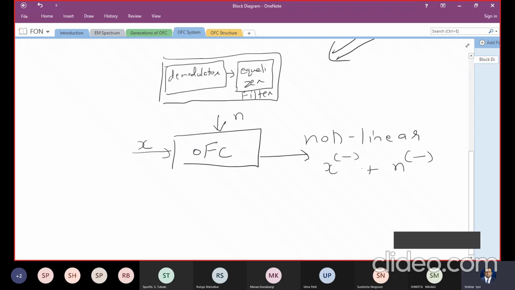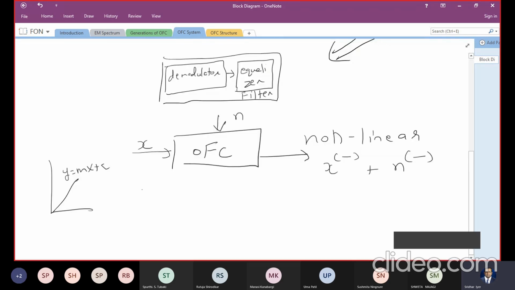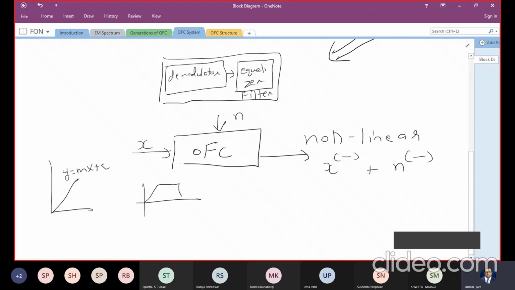So that makes things more complicated, because we are always used to a linear channel. We like linearity. X and Y are the two inputs, X plus Y is the output. We are very, very happy. So we always want a graph like that, Y equals mx plus c. That's a linear graph, right? We do not want a graph like that. That's a non-linear graph, right? So we are always expecting the graph and the contents to be linear. However, OFC makes it tough for us because it is a non-linear channel.